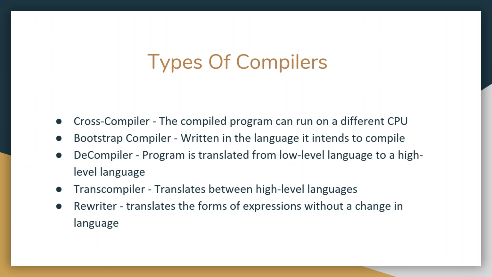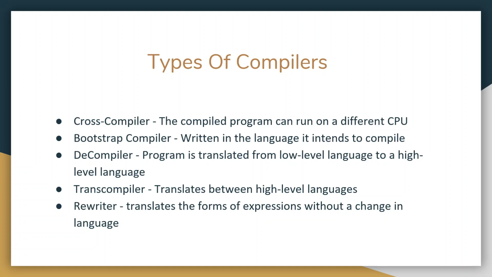If the compiled program can run on a computer whose CPU or operating system is different from the one on which the compiler runs, the compiler is called a cross-compiler. A bootstrap compiler is written in the language that it intends to compile.